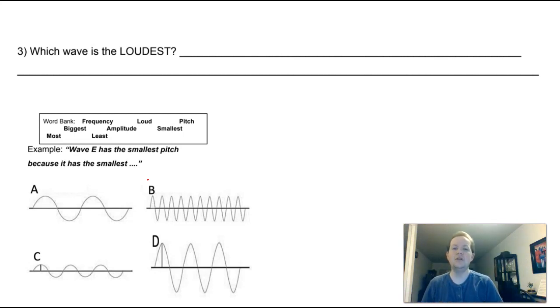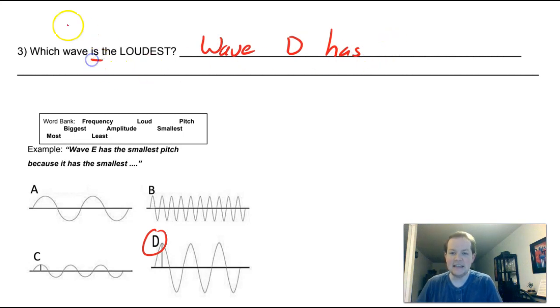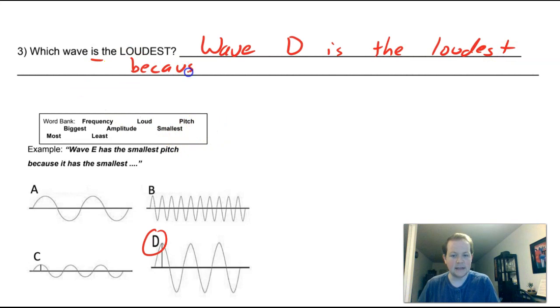Big amplitude, loud. Which wave has the biggest amplitude? That's D. So here's a good sentence. Wave D is the loudest because it has a big amplitude.